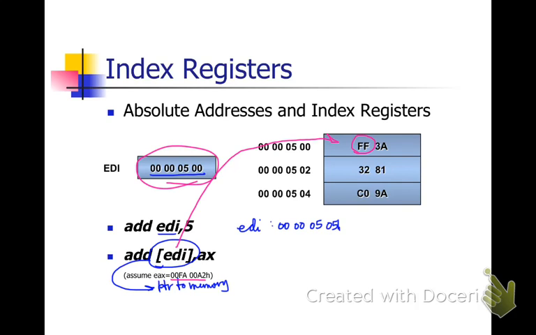Okay? I want to add AX to what EDI is pointing at. In this case, this is going to tell me it's a 16-bit addition. So the 16 bits of AX that I'm interested in are 00A2. What is the 16 bits that EDI is pointing at? Well, it's this.